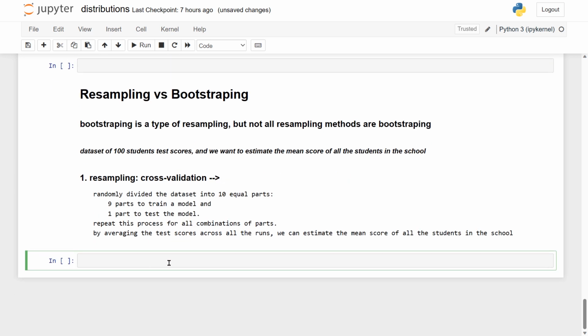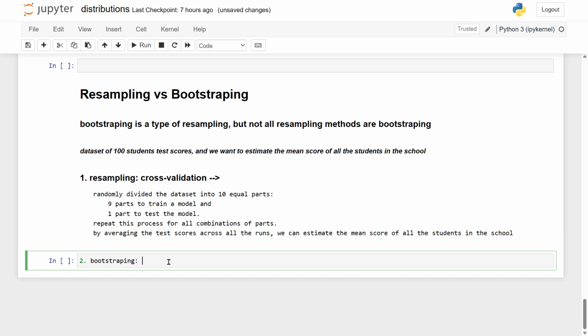Now let's look into bootstrapping. Bootstrapping, on the other hand, involves repeatedly resampling the dataset with replacement to estimate the variability of the sample mean.